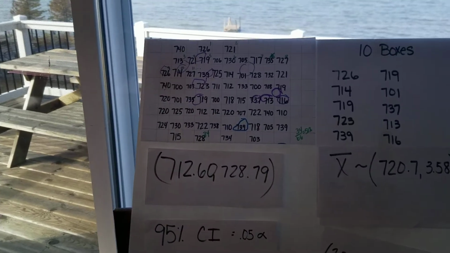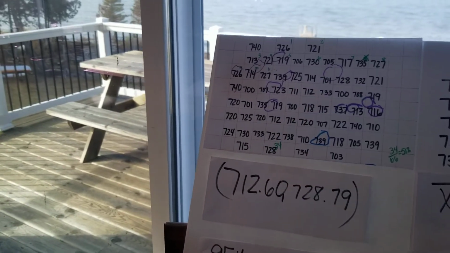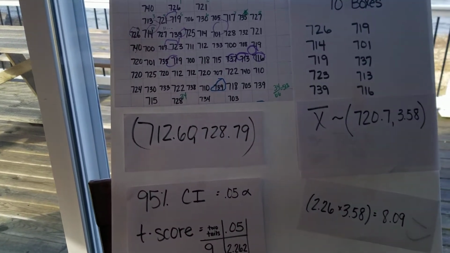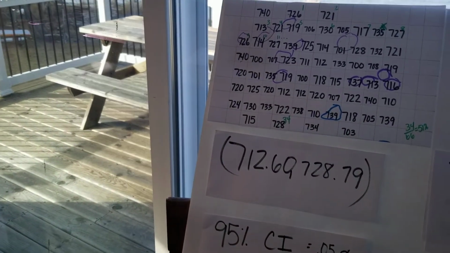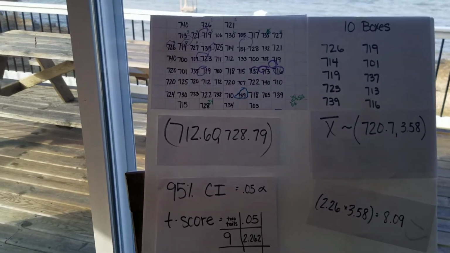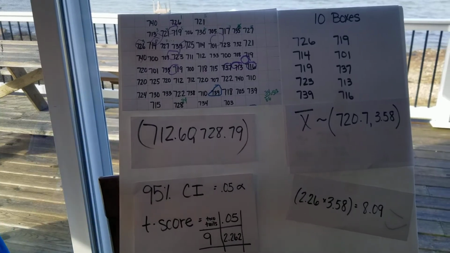So there are scores that are way above it, like 739, 738, 740. So only about 50% of scores are going to fall within that confidence interval. What a confidence interval tells us is how likely it is that our mean falls within that confidence interval.